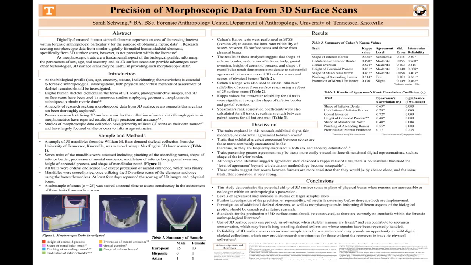Yeah, so this investigation, to my knowledge, is the first to look at morphoscopic traits that pertain to ancestry estimation. So we definitely need to add a little bit more to that literature, do a little bit more research on the morphoscopic traits used for ancestry estimation.